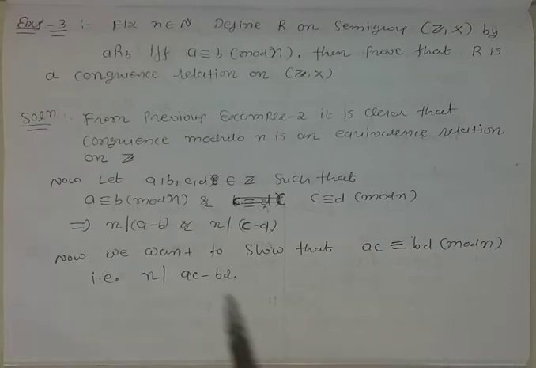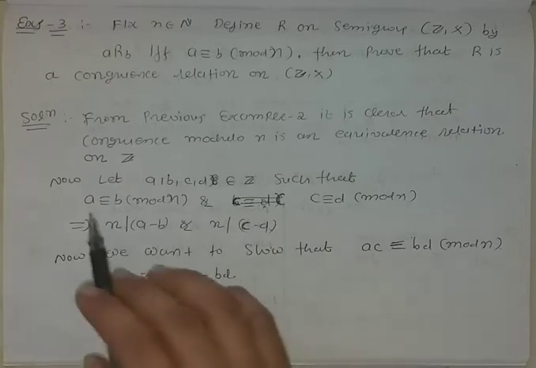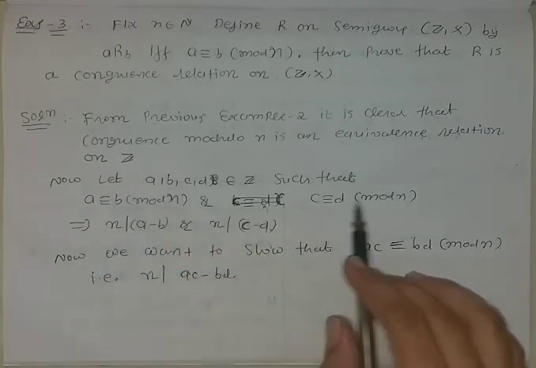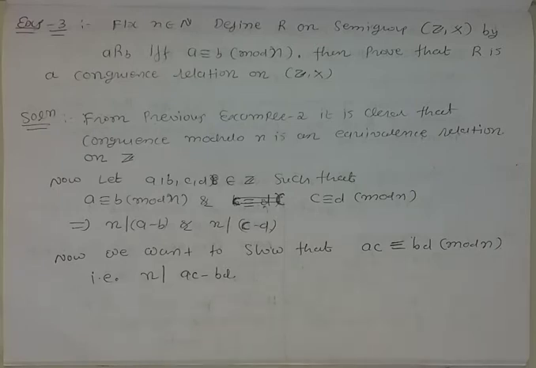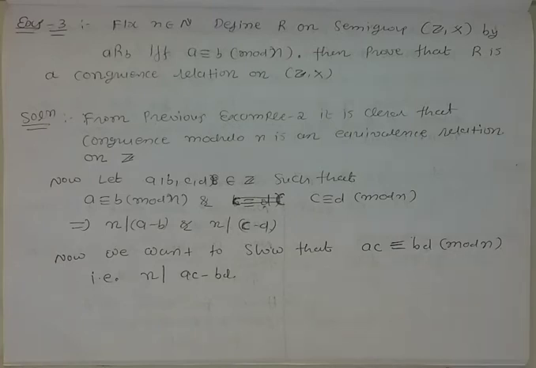For that consider four elements a, b, c, d belongs to Z such that a is congruent to b modulo n and c is congruent to d modulo n. हमने क्या किया, जो सेकंड प्रॉपर्टी है वही हमको प्रूव करना पड़ेगा. फर्स्ट प्रॉपर्टी तो हमने एग्जांपल नंबर 2 से कंसीडर कर ली है.